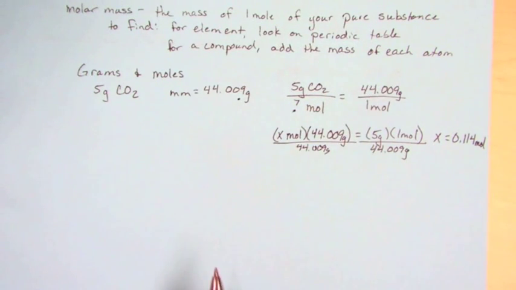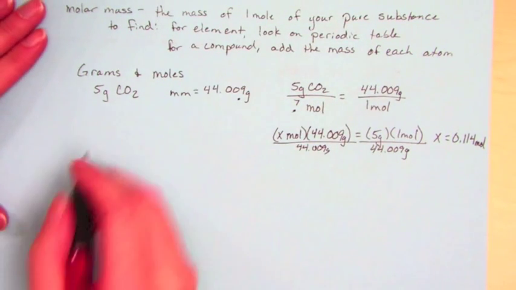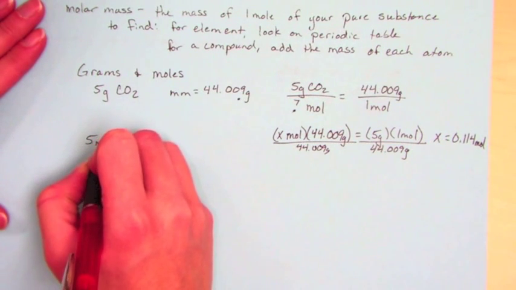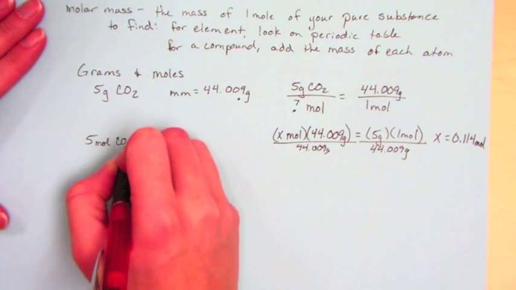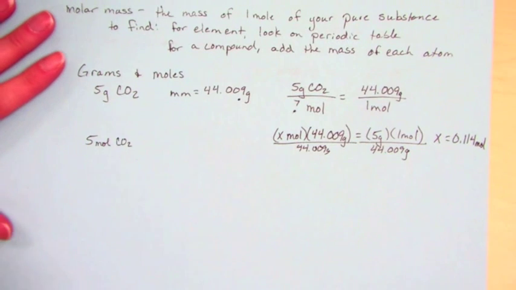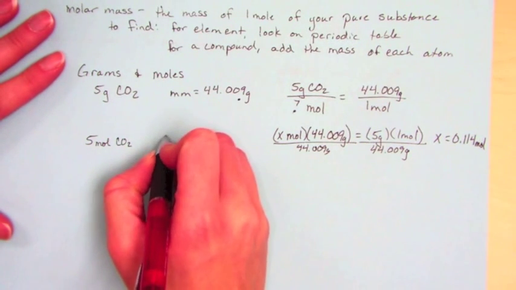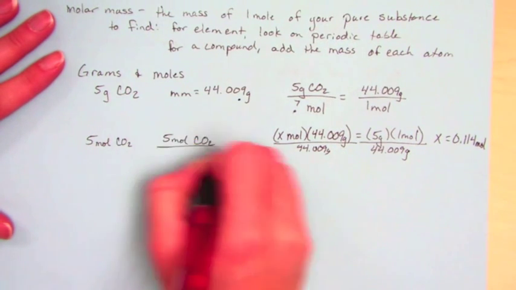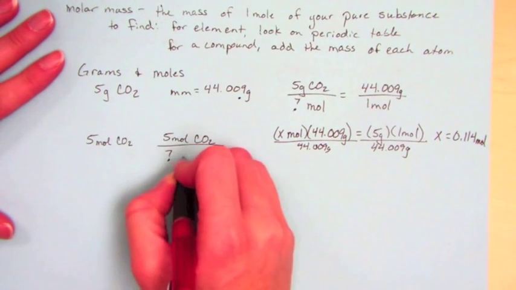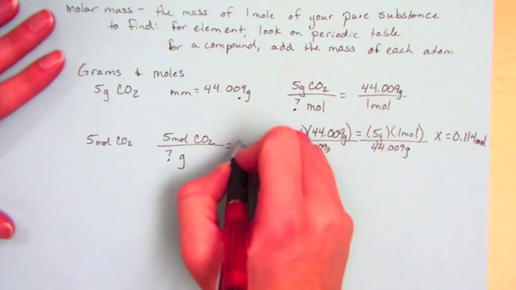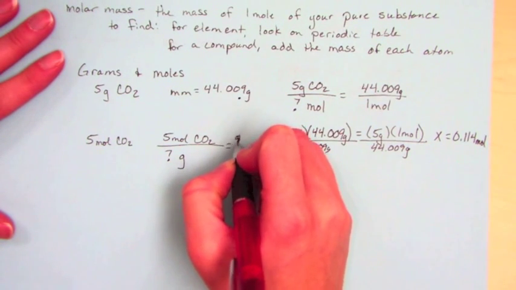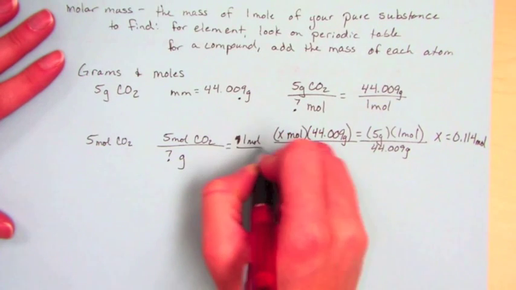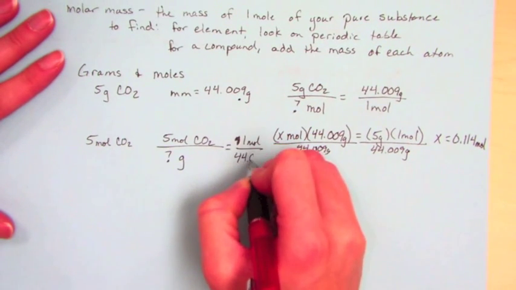We can do it the opposite way if we look at, say, 5 moles of CO2 and we're interested in how much that would weigh. We could put in the same proportion. This time we're looking for grams equals 1 mole over 44.009 grams.